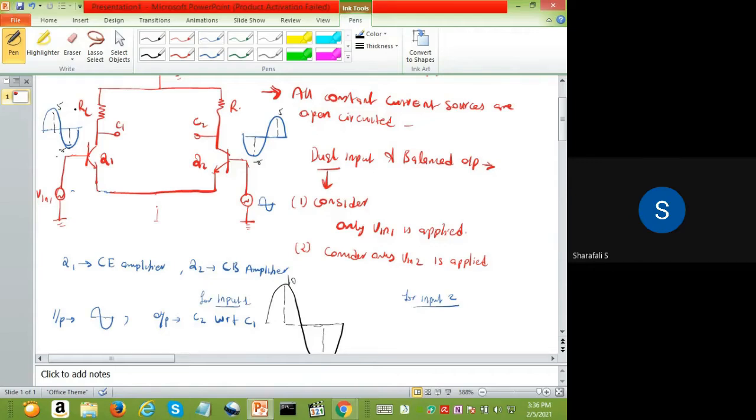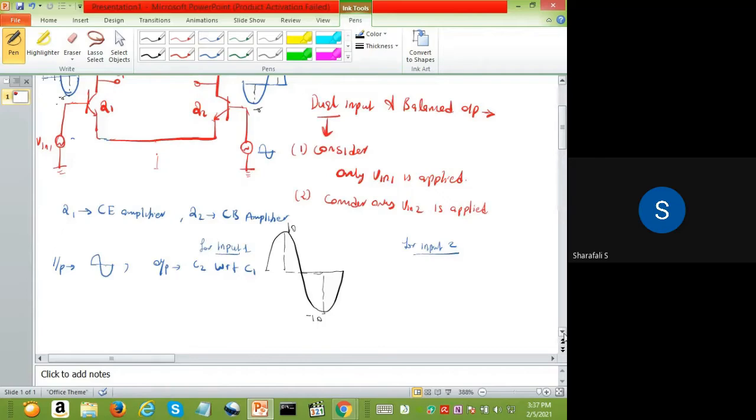Right? Here it is minus 5, here it is plus 5, so minus 5 minus plus 5, minus 5 will come. The total will become minus 10 initially. Right?